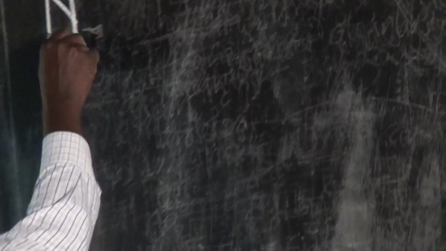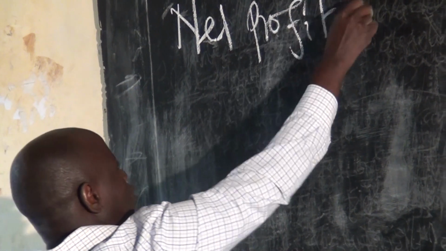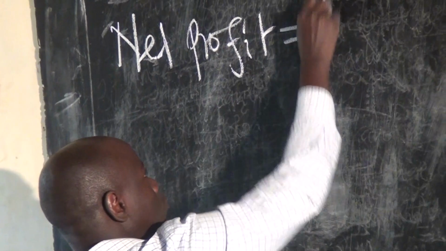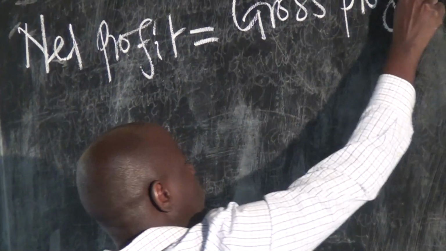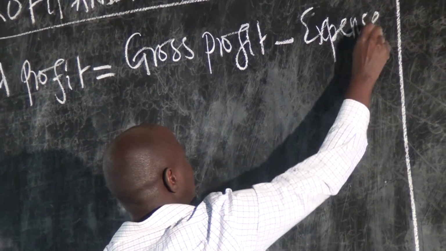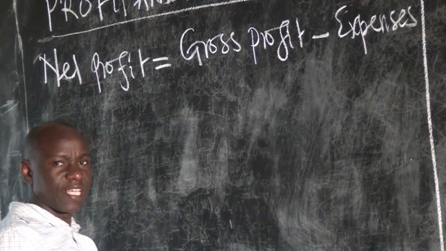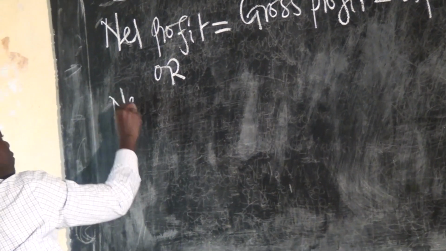So net profit, the formula for calculating net profit is the gross profit minus expenses. The gross profit minus expenses equals net profit.